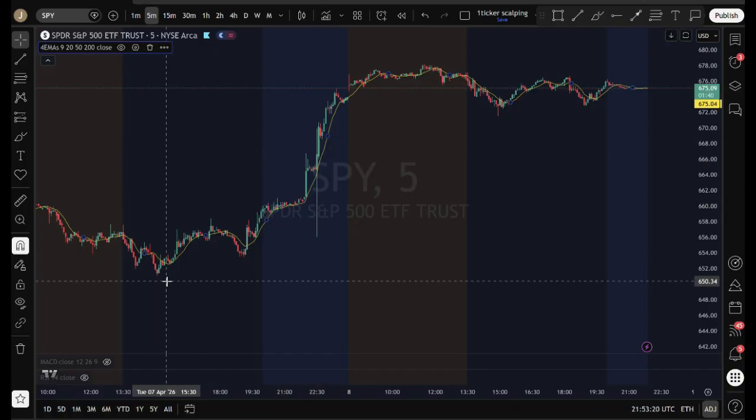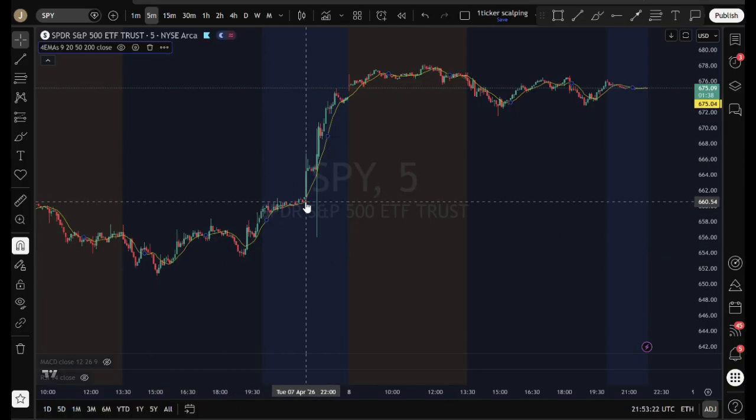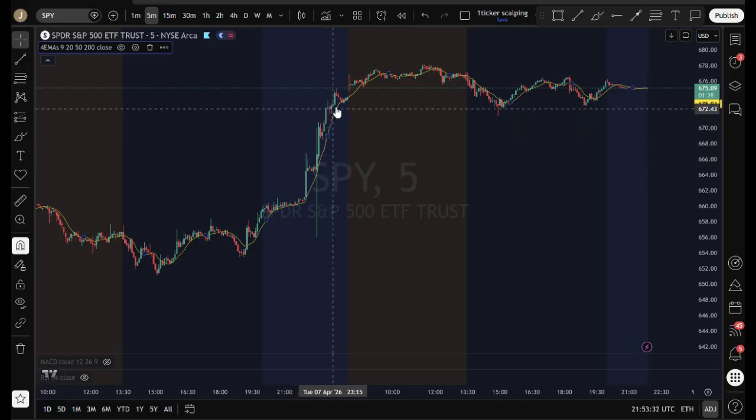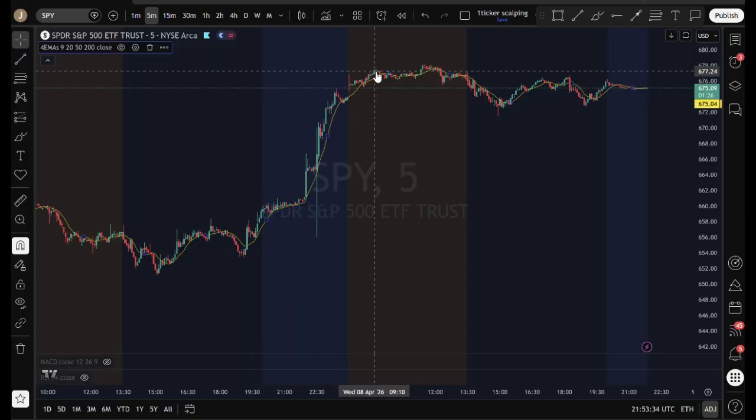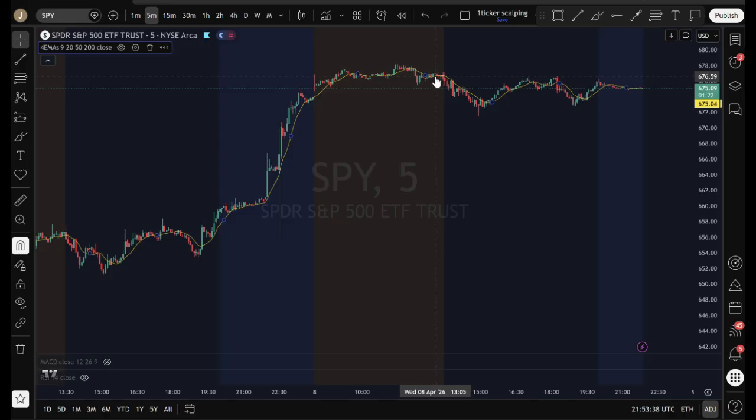Now, just looking at the 9, if the price is staying above the 9, it's moving strong, and the momentum is on a continuation on an uptrend. But if we break below, momentum is slowing, and we could be on a downtrend.